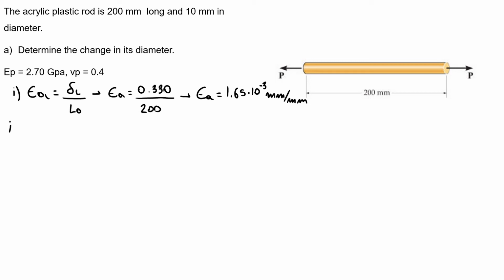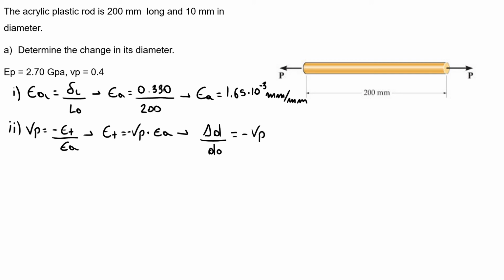Now the second step is to find the relationship between the Poisson ratio, lateral strain over axial strain. So we know our lateral strain equals minus Poisson's ratio times the axial strain. We know that the change of diameter over original diameter is our lateral strain, which equals minus our Poisson ratio times axial strain.